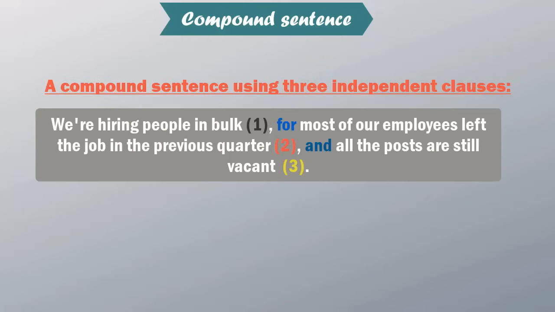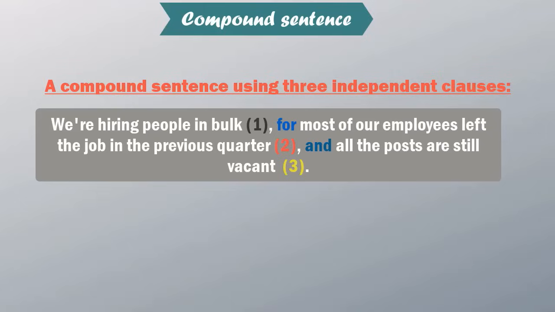Let me show you an example. We are hiring people in bulk, for most of our employees left the job in the previous quarter and all the posts are still vacant. We are hiring people in bulk. That's a complete sentence, gives a complete idea. First independent clause. For is a coordinating conjunction. Most of our employees left the job in the previous quarter.